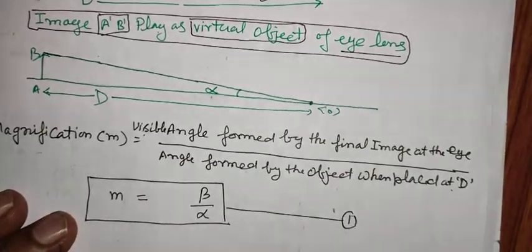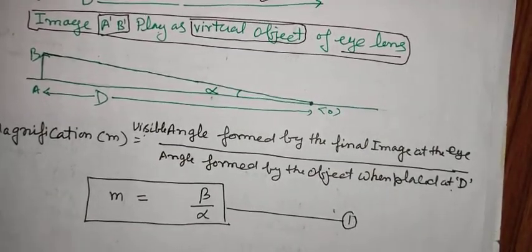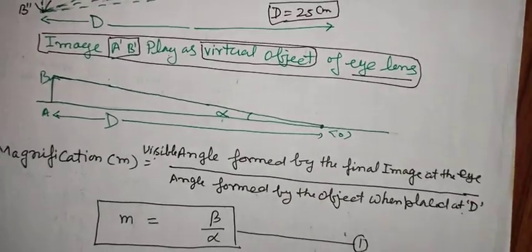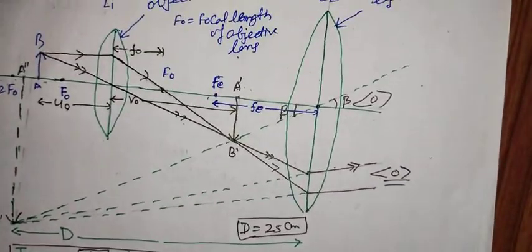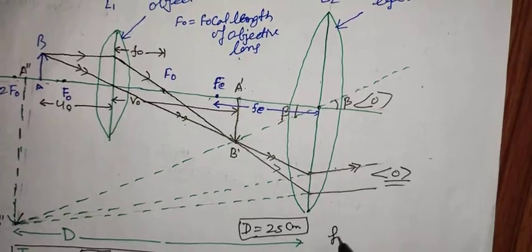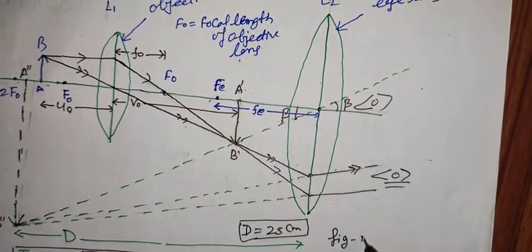Represent this as equation number 1. Now see very carefully here in the diagram. Beta we will obtain from figure 1.